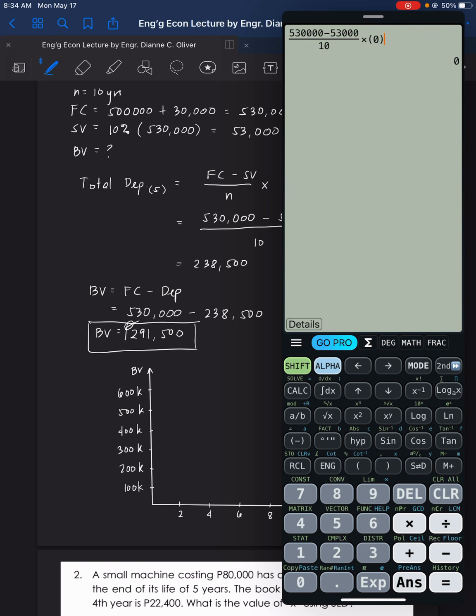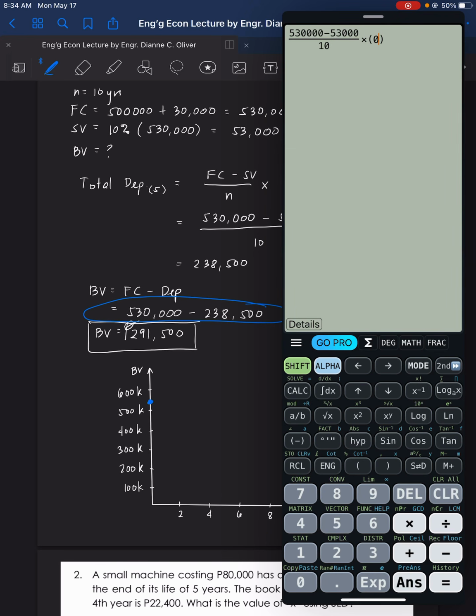So obviously the answer is 0, meaning in the graph at time 0 we have 0 depreciation, so the book value is 530,000 minus 0, which is equal to 530,000. So it's here, 530,000.